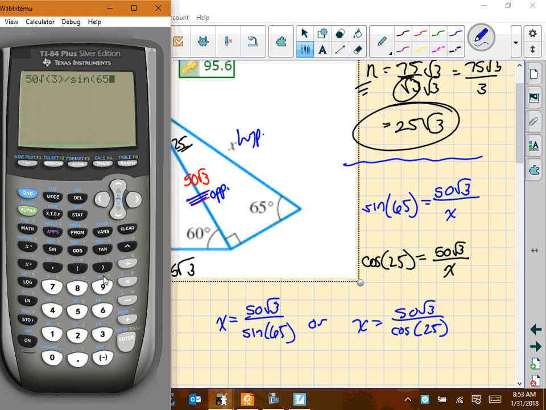Now just remember, is that 65 in radians or degrees? It's degrees, right? So I'm going to go change my mode. Hit enter. There's that 95.6 number I'm looking for. And like I said, if I change it to the complement, cosine of 25, it should give the same number.